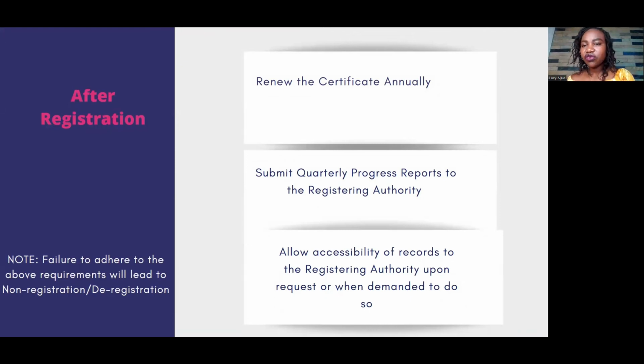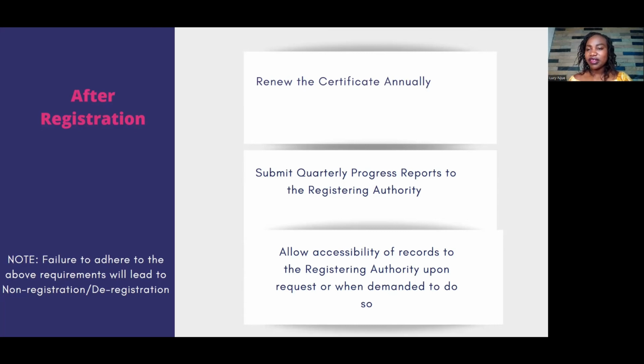But after registration, you need to renew your certificate annually. You need to remember that it's an annual certificate. You need to submit your quarterly progress reports to the registering authority. So whichever office you went to get the registration, you need to make sure that you submit the reports as well. And of course, the registering authority, in this case the Ministry of Labor, has the authority to come in and go through your records.